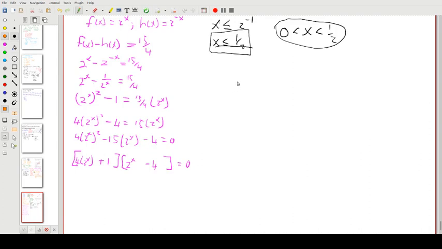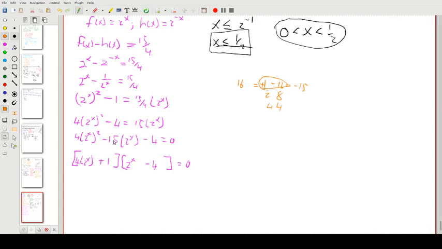So 4 times 4 is 16. Now we take all the factors of 16: 1 times 16, 2 times 8, or 4 times 4. We need a negative 15, and that will be negative 16 plus 1. So that's what we'll use.